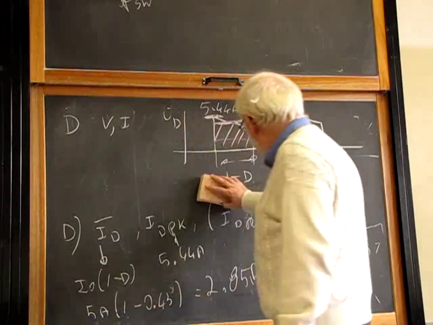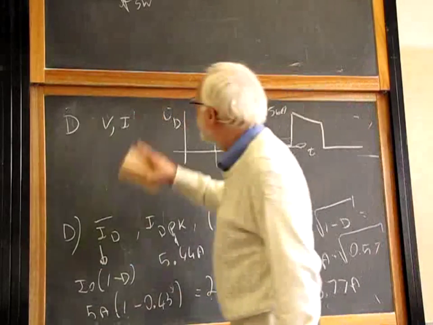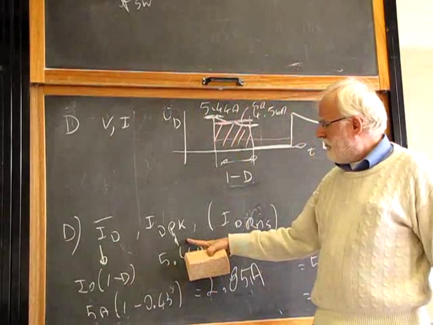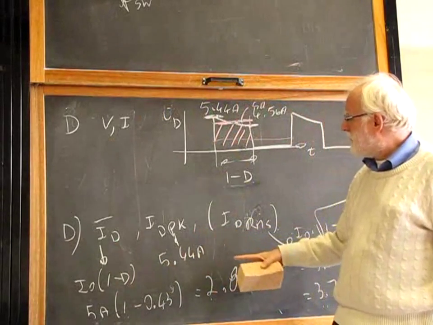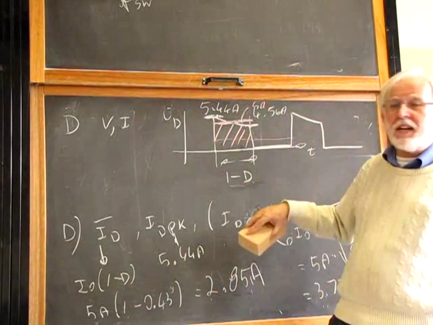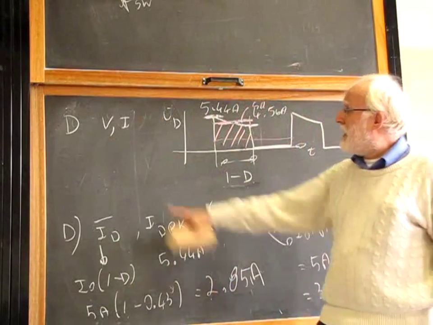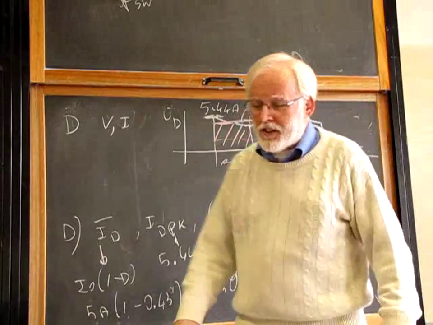Okay, we have for our diode current: average current, peak current, RMS current, and we need voltage. What voltage do we need?